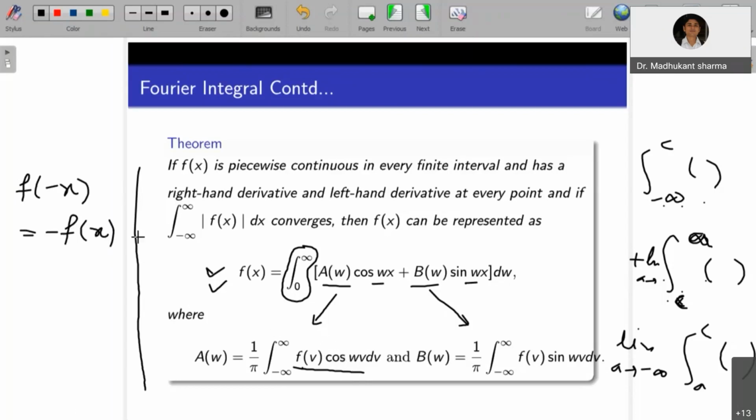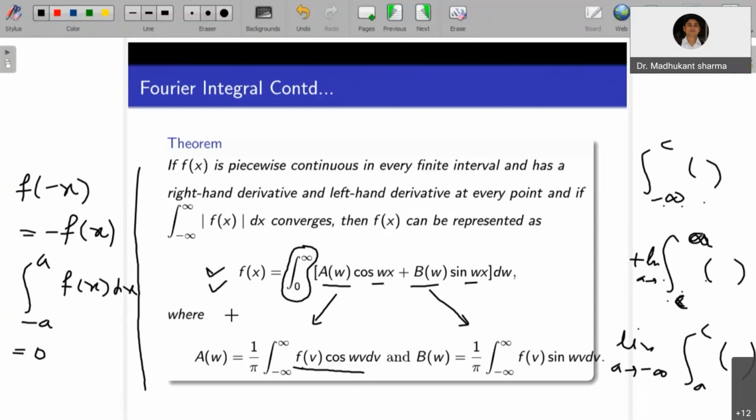Then you have that definite integral property: the integral from minus a to a of f of x dx, if f is well defined and is an odd function, then this value is 0. If f is even, you have 2 times the integration from 0 to a of f of x dx. So these things can be taken into account here.